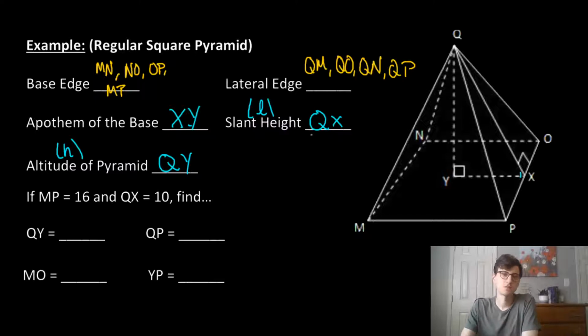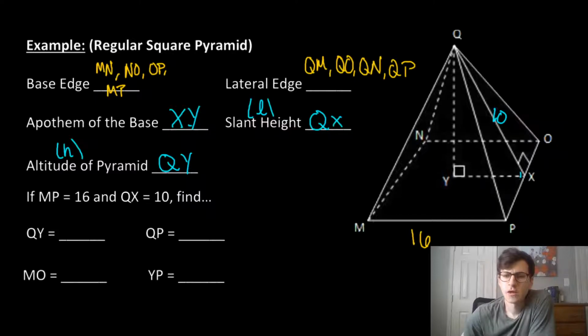Okay, so let's maybe work some stuff out, see if we could find some of these lengths. Given MP is 16, and QX is 10, let's find QY, QP, MO, and YP. All right, I'm gonna work in green.